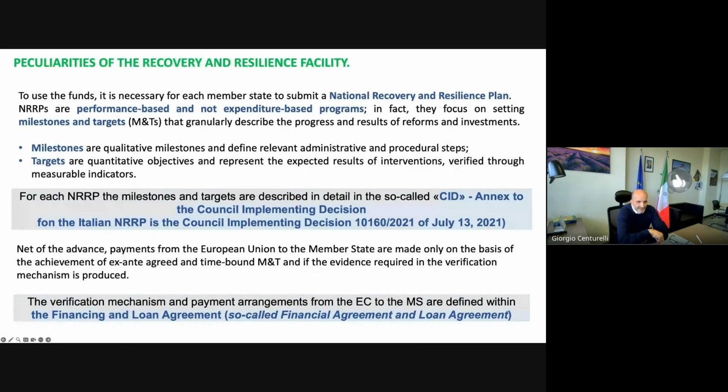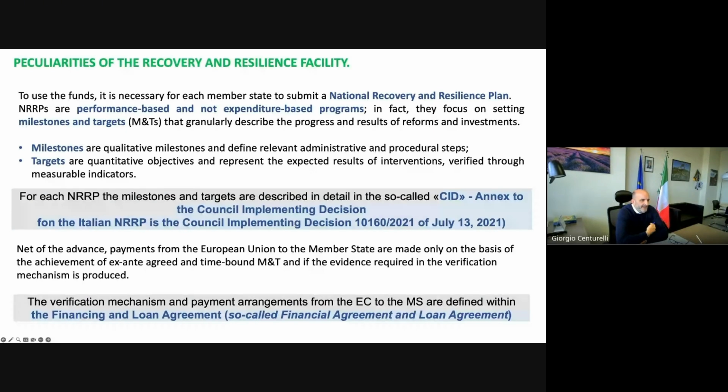They represent the expected project results of the intervention, such as the number of SMEs or the number of final projects completed. For each national recovery resilience plan, the milestones and targets are described in detail in the so-called CID, the Council Implementing Decision, or better, the annex of the Council Implementing Decision.